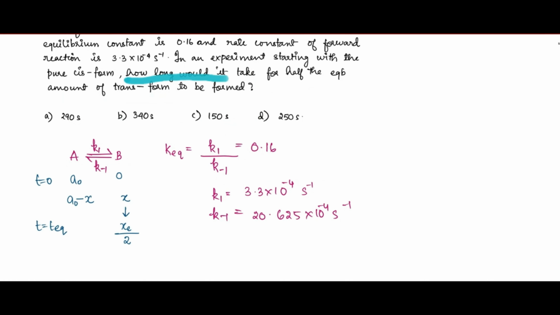Transform form ചെയ്യുന്നത് X amountനാണ്. Question ചോദിച്ചിട്ടുള്ളത് ഇക്വിലിബ്രിയത്തിന്റെ പകുതി ഉണ്ടാവാൻ വേണ്ടിയിട്ട് എത്ര സമയമാണ് എടുക്കുക? Is it clear? So നിങ്ങൾ Xന് XE by 2 എന്നാണ് ഇക്വേഷനിൽ സബ്സ്റ്റിറ്റ്യൂട്ട് ചെയ്യേണ്ടതെന്ന് സാരം.